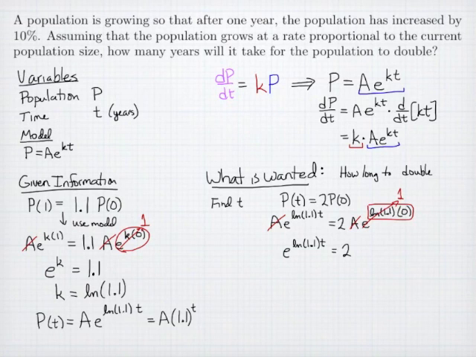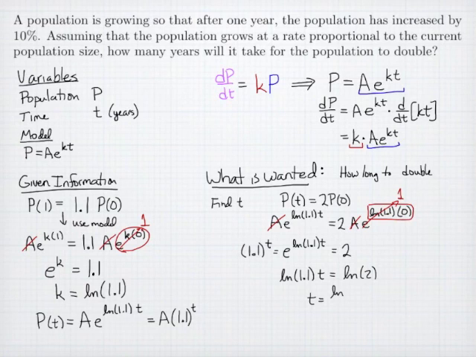If I did the A b to the t version, this would be saying 1.1 to the t equals 2. When I take the natural log of both sides, I get the natural log of 1.1 times t equals the natural log of 2. This allows me to solve for t.